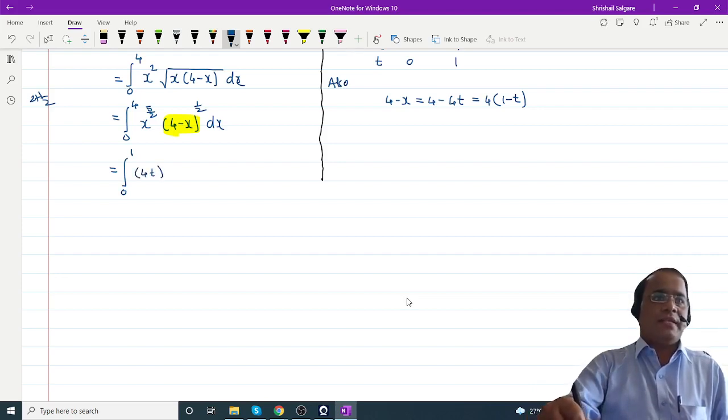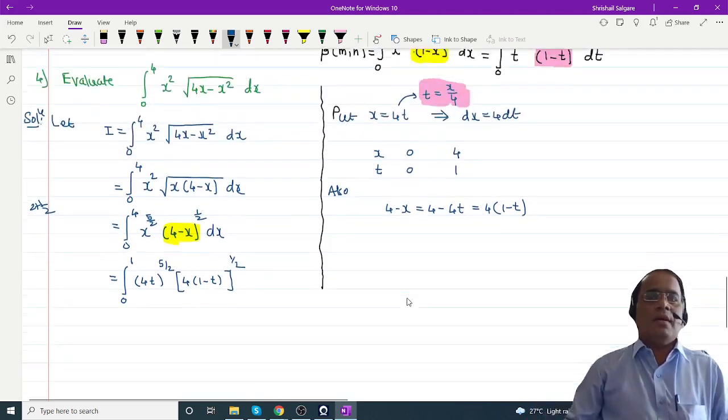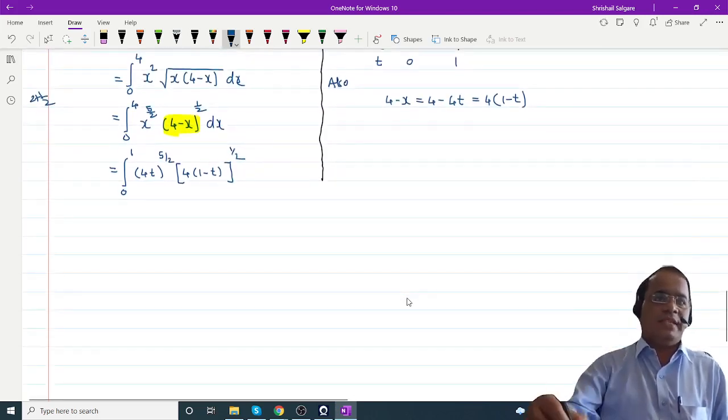The value of x is 4t, its power raised to 5 by 2, and 4 minus x is simplified as 4 into 1 minus t raised to 1 by 2, and dx is nothing but 4 times dt.